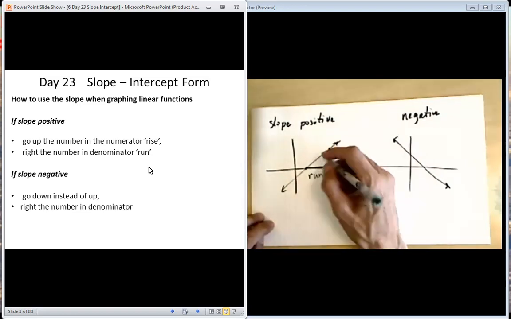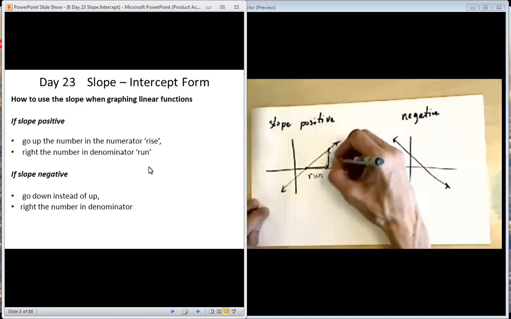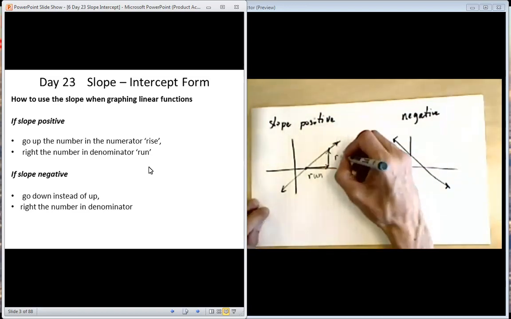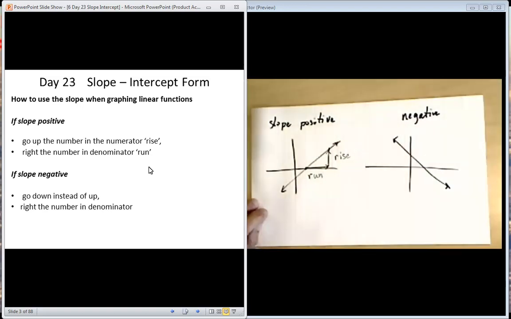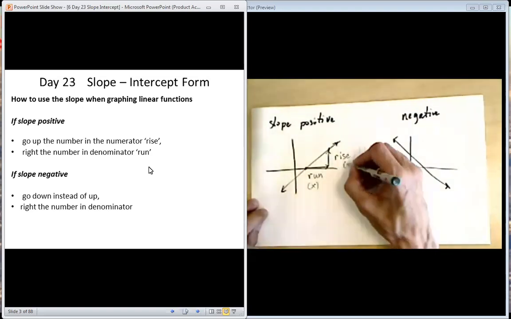And this part here is the rise, how far up it goes. So the run is in the x direction, and the rise is in the y direction.